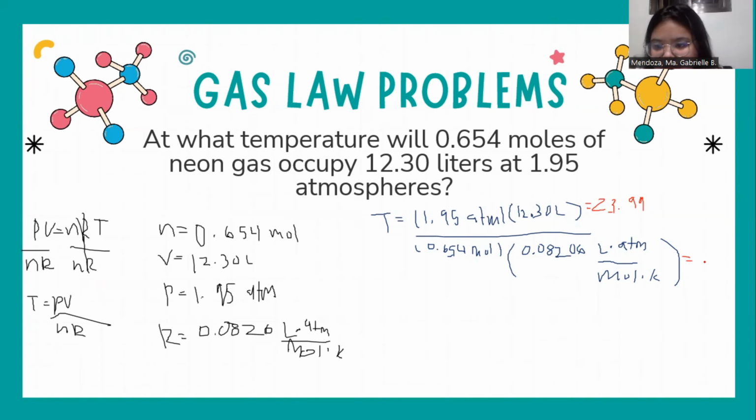So that would be 0.053, and then divide lang. So 23.99 divided by 0.053.